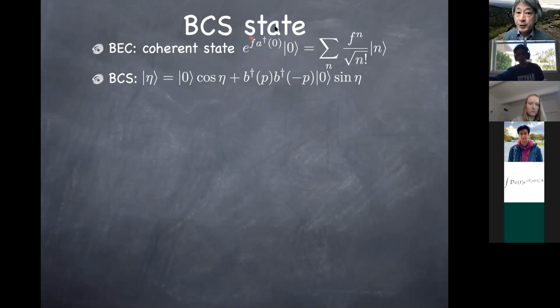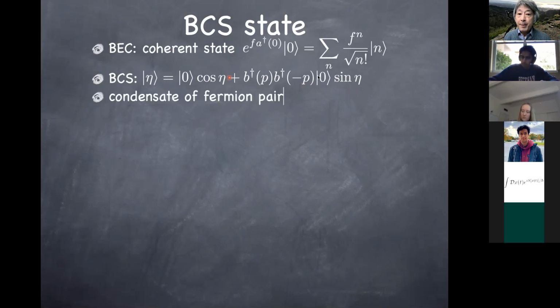And that's something we have used already for the coherent state for BEC. This is a linear superposition of states with many different numbers of particles. Here we are doing this now for fermions by creating a pair of fermions instead of multiple bosons. But you create a pair for all kinds of different momentum configurations. So the end result is, again, you have a macroscopic number of pairs condensed in this superposition.